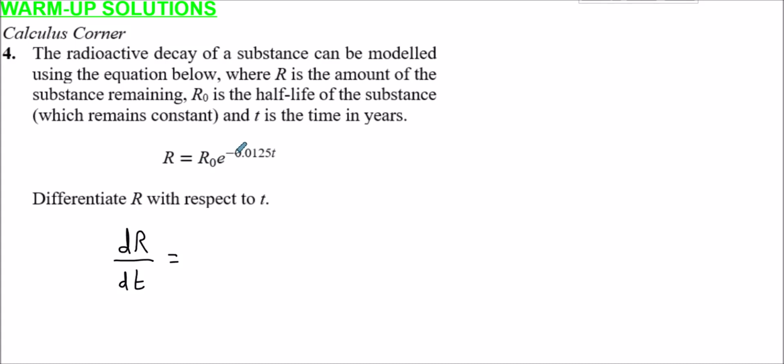So we just bring down this minus 0.0125 and make it multiply r0. And so this just becomes minus 0.0125 multiplied by r0, and then e to the power minus 0.0125t. And that's all we need to do.